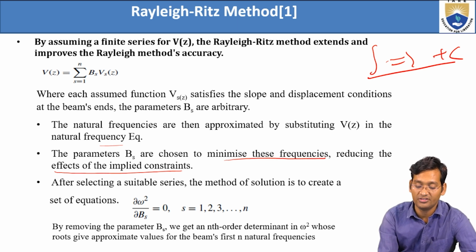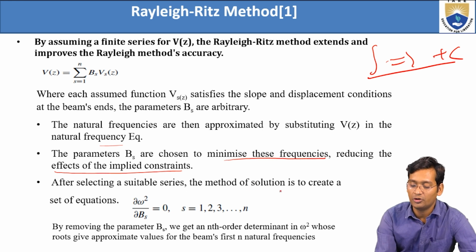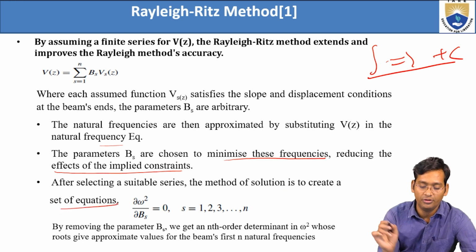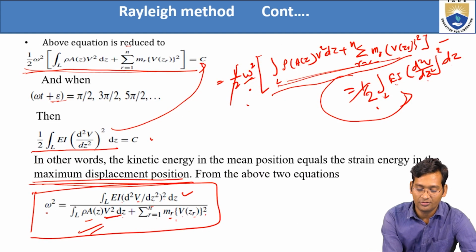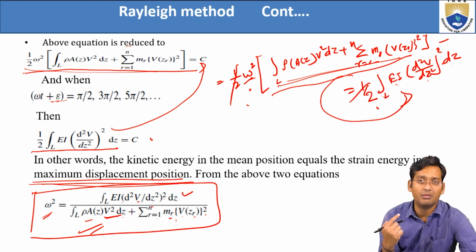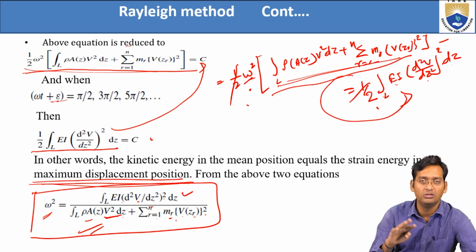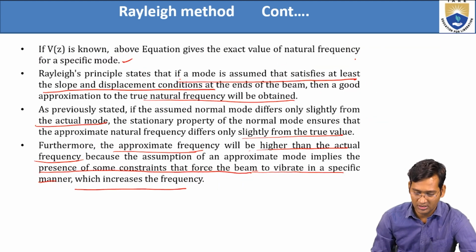After selecting a suitable series, the method of solution is to create a set of equations. Right. Now just put that one. So del omega square by del B_s, because we differentiate with that parameter. So first, just find this one with respect to that parameter, because in terms of that parameter only, and that parameter we assumed we have chosen, so we have to remove that parameter. So what we will do? Just differentiate with that parameter, right?